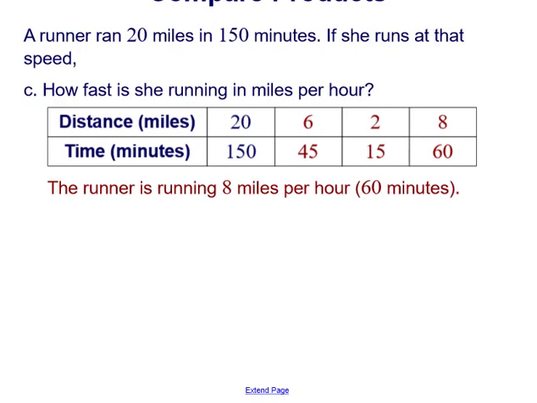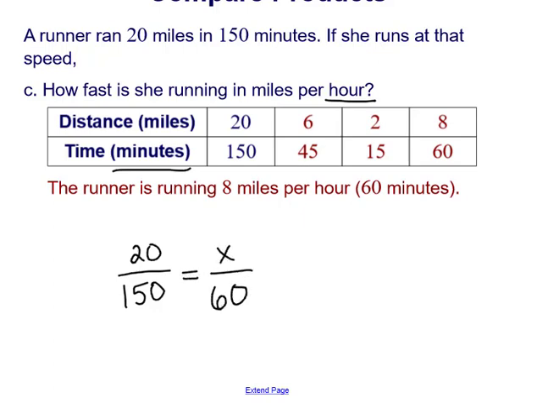Part C is asking how fast is she running in miles per hour? So here, you have to be careful because for miles per hour, her rate is in miles per minute. This 20 over 150 is miles per 150 minutes. So we just have to be careful and remember that it's not going to be over 1. It's going to be some amount of distance over 60 minutes because there are 60 minutes in an hour.